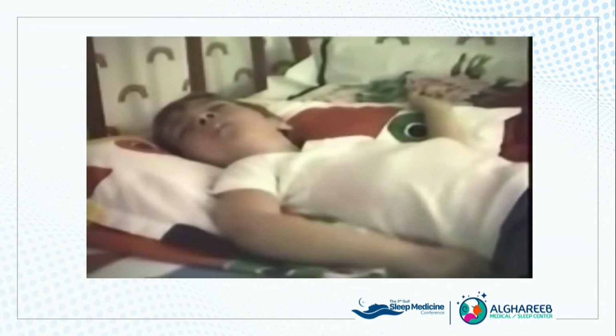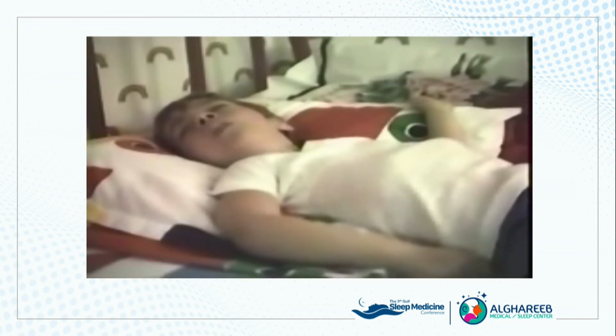See the child? Very shallow breathing. Look at the chest and the abdomen. This is called paradoxical breathing. He has sleep apnea. No, nightmare is different.